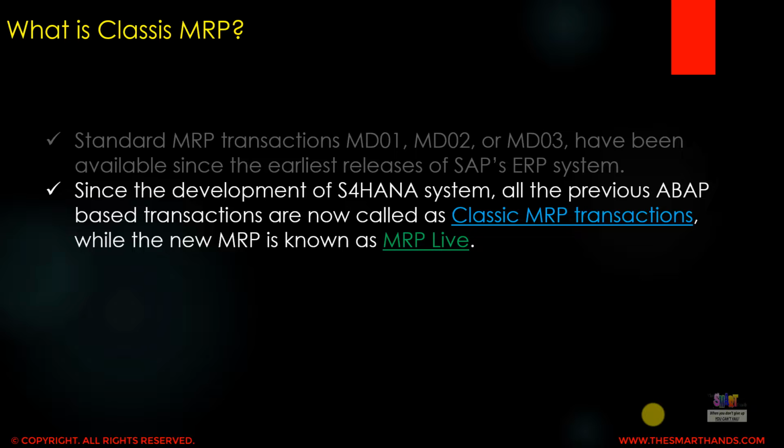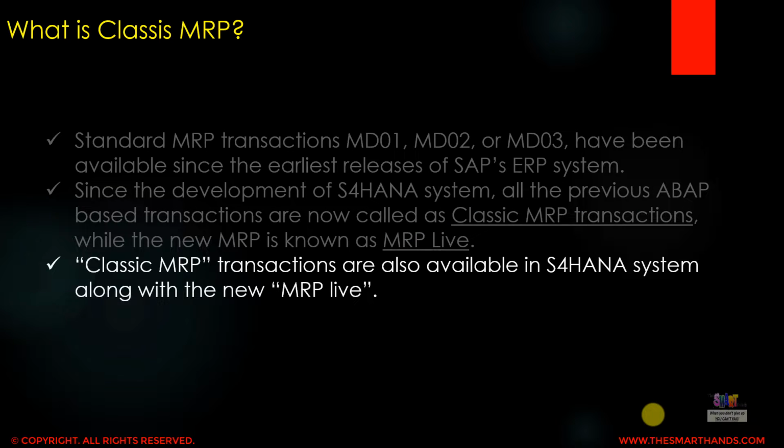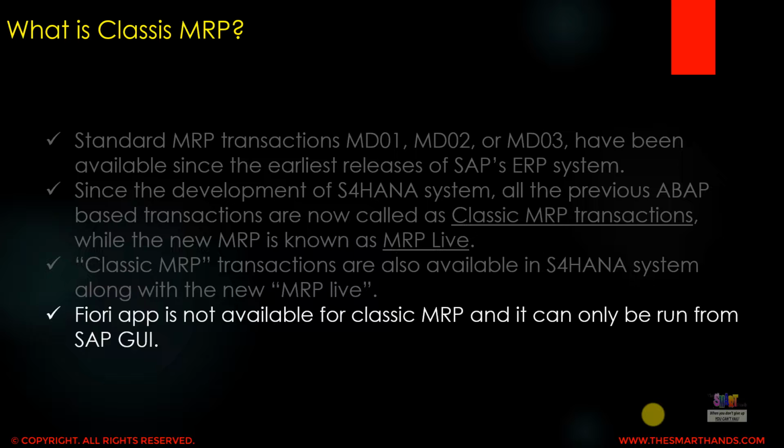We'll talk about MRP Live in another video later on. Classic MRP transactions are also available in the S4HANA system along with the new MRP Live transaction, which is MD01N. Fiori app is not available for classic MRP and it can only be run from SAP GUI.